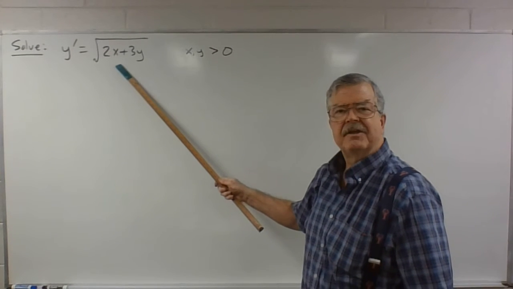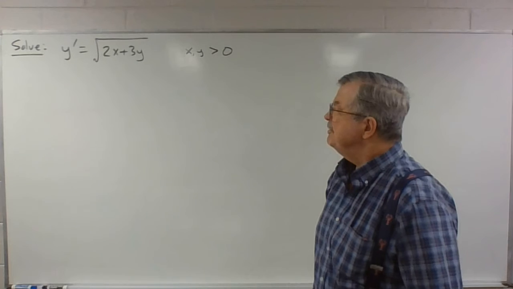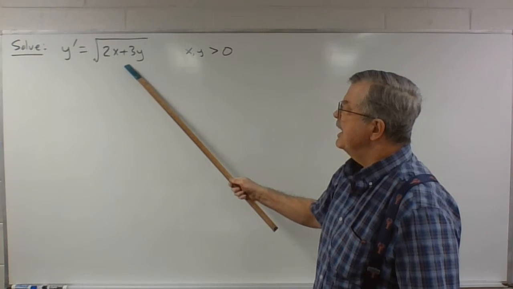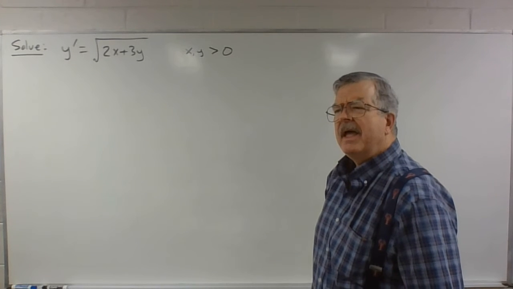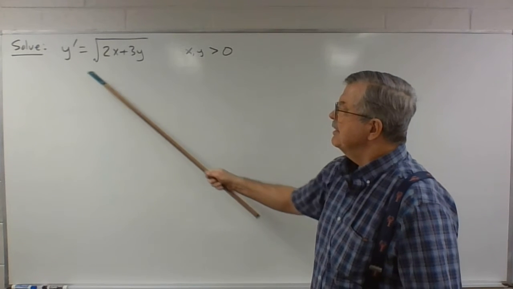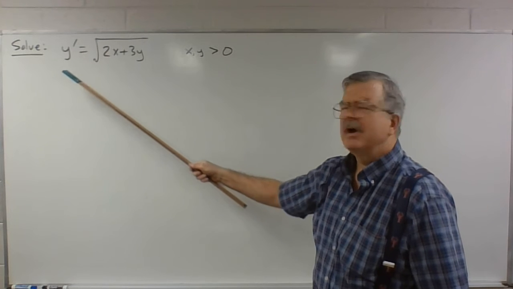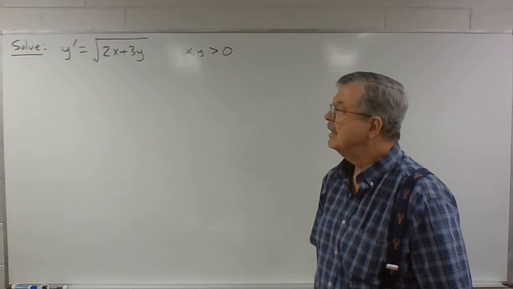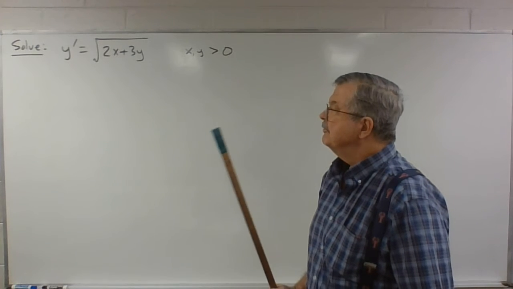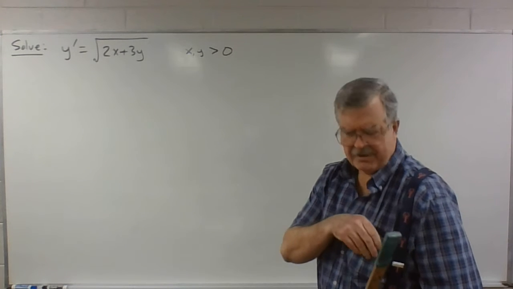Let's take a look at this one. I don't think I can separate the x's and the y's. And I don't think I can write this in the form of y prime equals f of y over x. So let me use a different substitution.